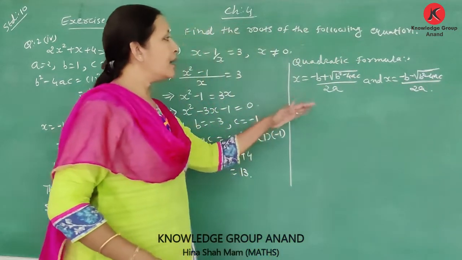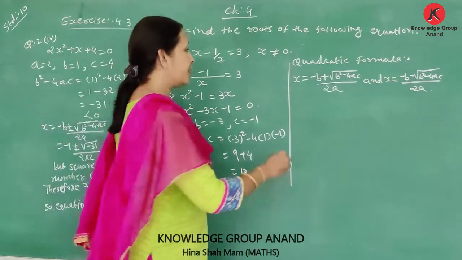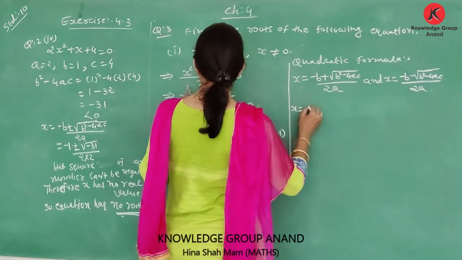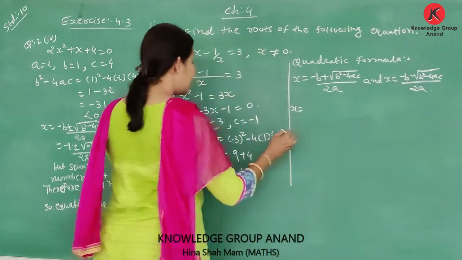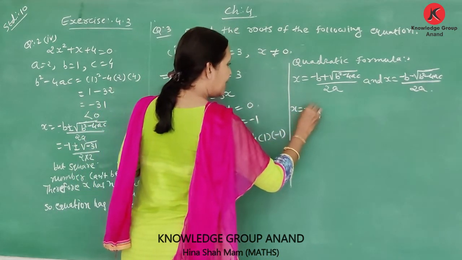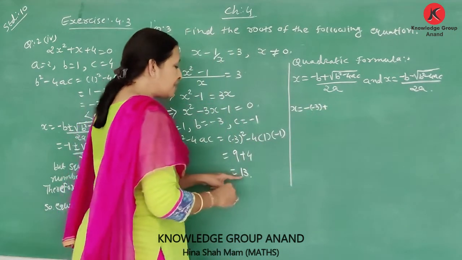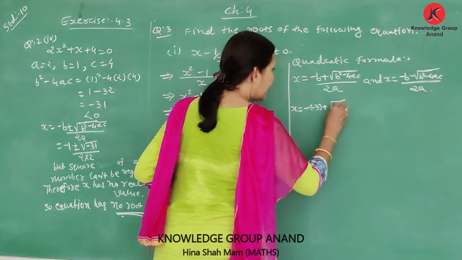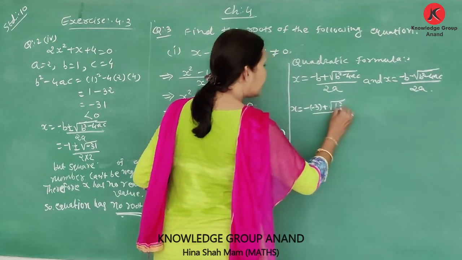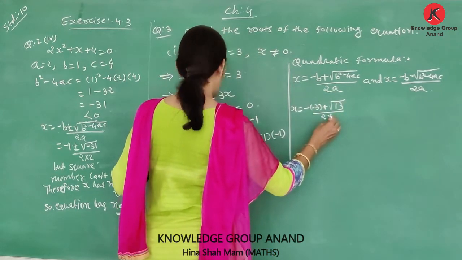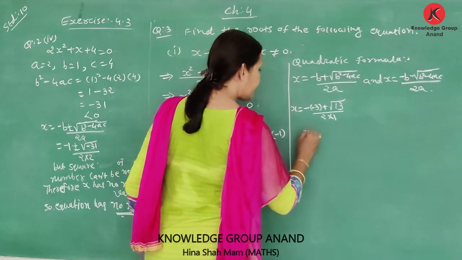Here is our quadratic formula. Now x is equal to minus b. What is the value of b? b is equal to -3. Minus of -3 plus root of b square minus 4ac, which is 13, upon 2 into a. What is the value of a? a is equal to 1.